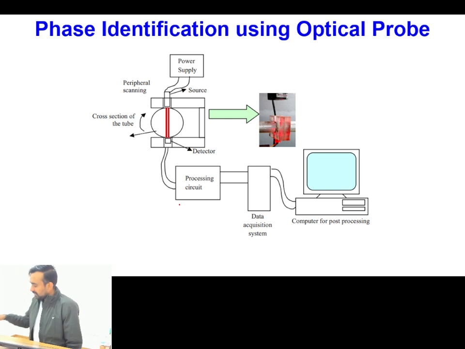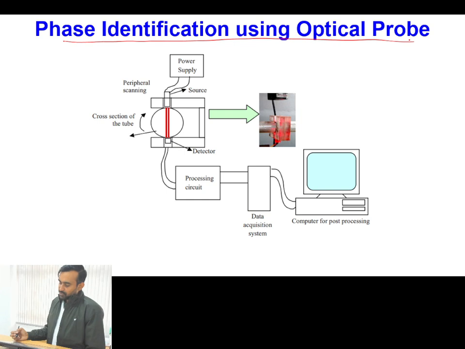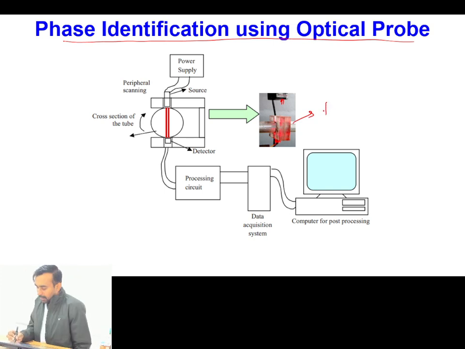The first case study which I will be taking is on phase identification using the optical probe. This is a pipe, and in this pipe from the top there is one laser light source. This laser light is passing through the transparent pipe, because we are using the optical technique, so the pipe should be transparent.